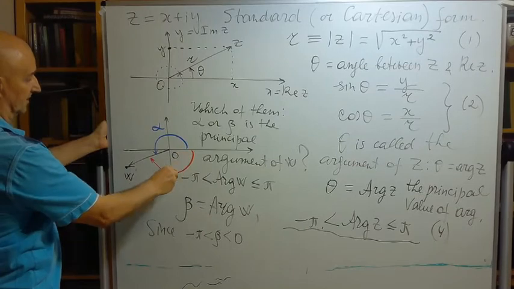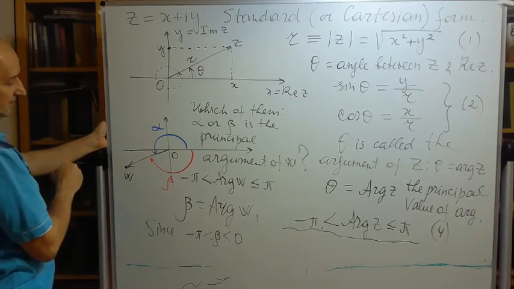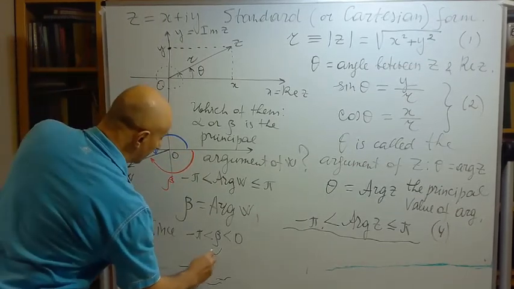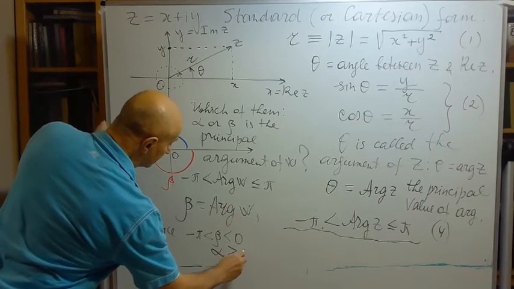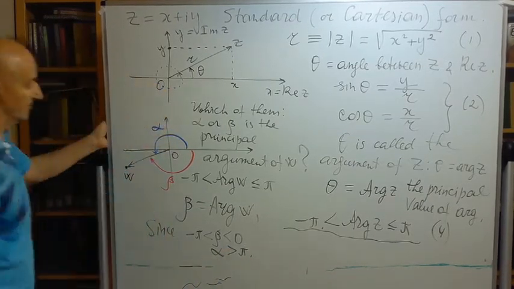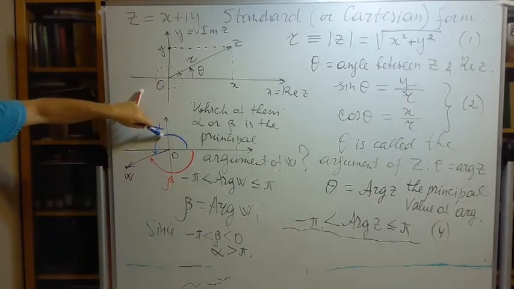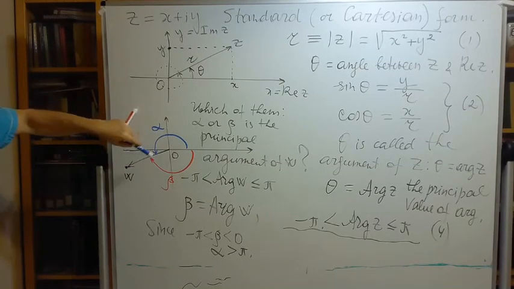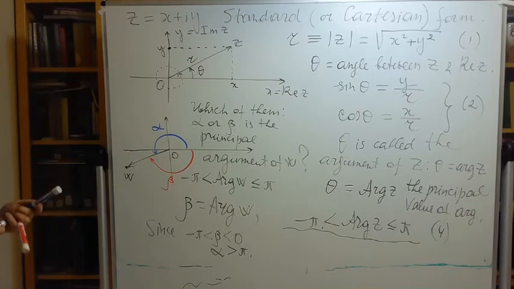It goes in the negative direction, but it doesn't reach pi. And alpha is greater than pi. Alpha goes passing pi and goes more. So it is beta in this case. The argument is negative.